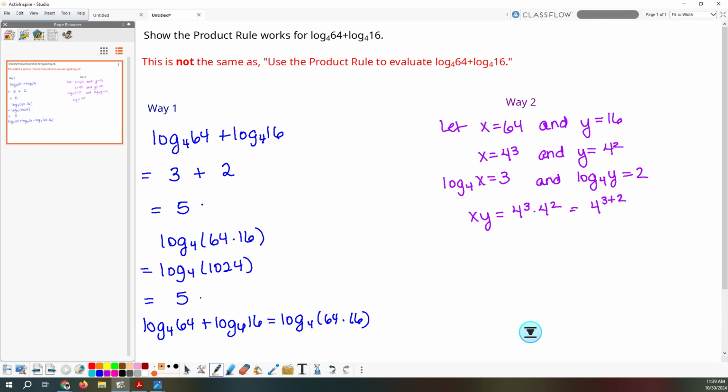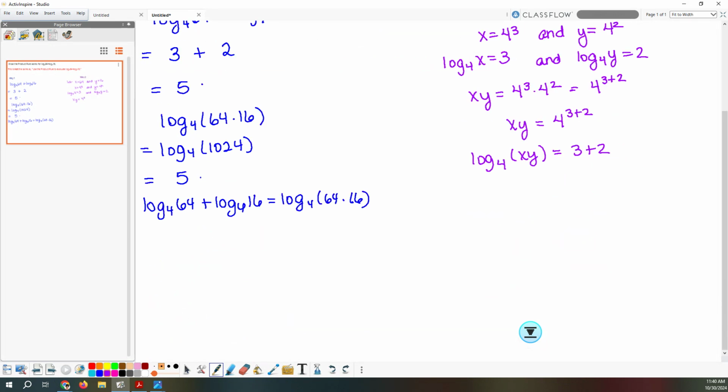Now, that means we have xy equals 4 to the 3 plus 2 power. Let's take this equation and write it in logarithmic form. So we have the log base 4 of xy equals 3 plus 2.